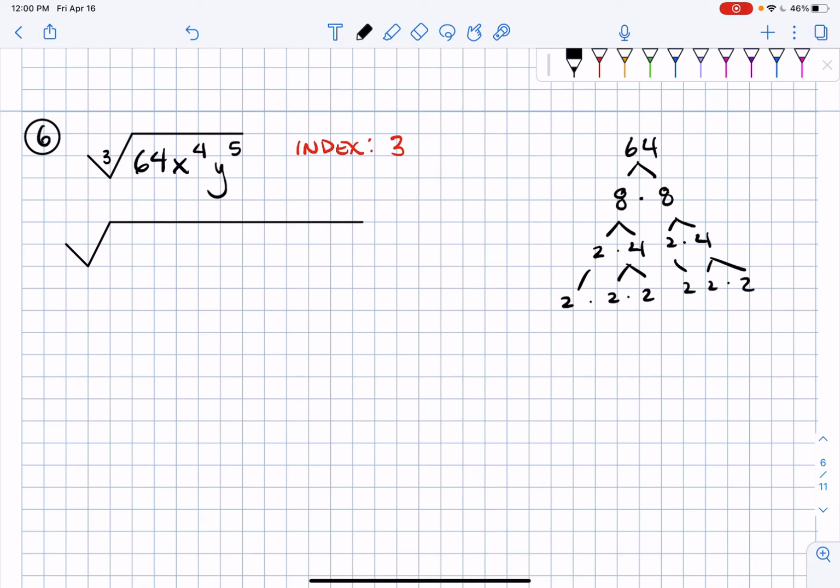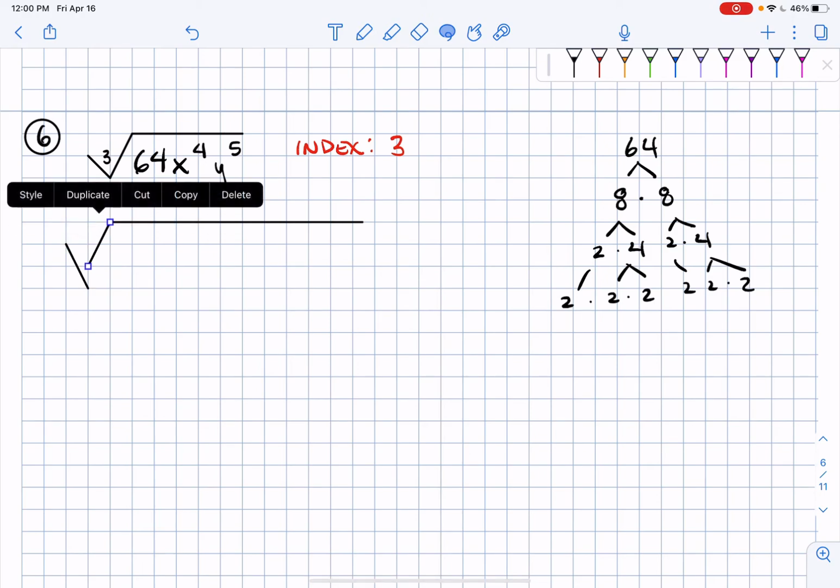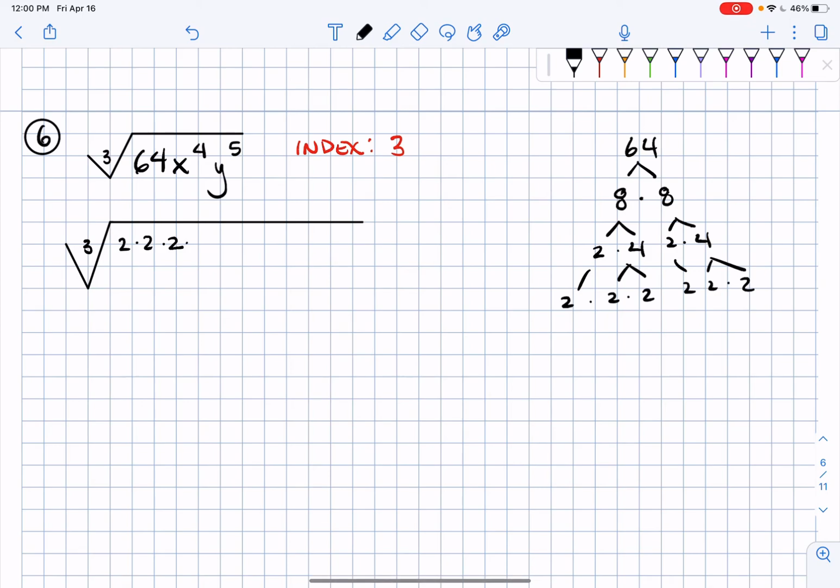Actually, you know what? Let's lay it the other way, the way I like to lay it. So this is the cube root of 2 times 2 times 2 times 2 times 2 times 2.